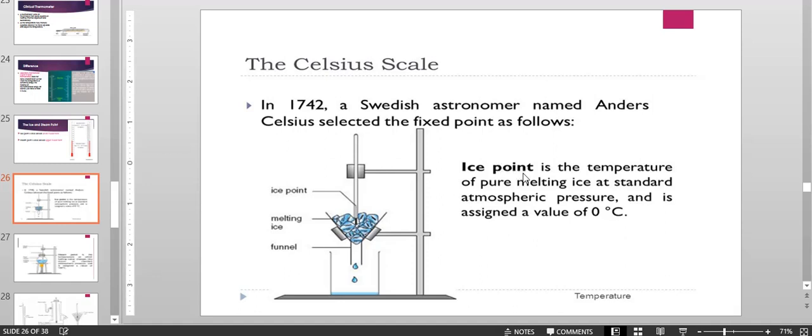The ice point is basically the temperature of pure melting ice at standard atmospheric pressure and is assigned a value of 0 degrees Celsius. So this is basically the apparatus which he used in order to find out this ice point, or the lower fixed point of water, at the point where the water starts to melt.